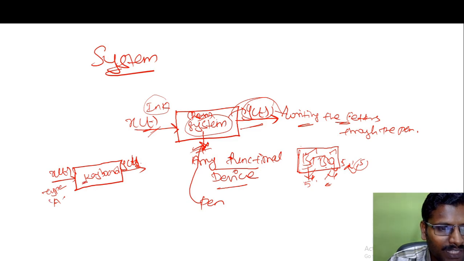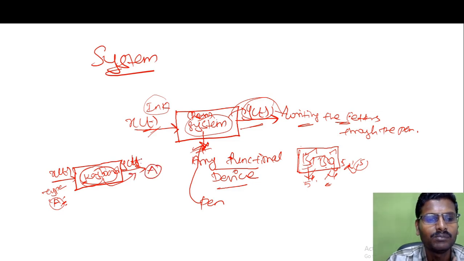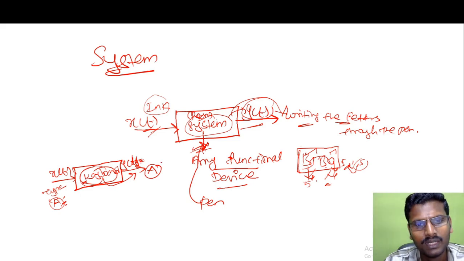This is the input for the keyboard, and the keyboard will recognize the key which I have pressed, and then it will process the output on the monitor screen as A, right? And this is my y of t, right? This is the best example for systems.